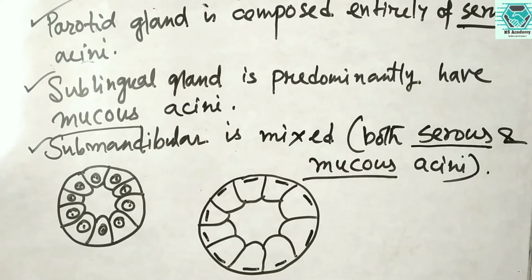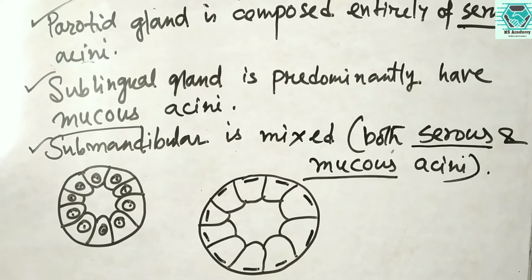The diagram next shows the difference between these salivary glands and their structure. In the sublingual gland, both acini are present. In the submandibular gland, both acini are present, and that's why it is called the mixed gland.